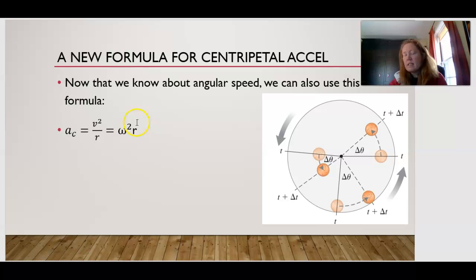So that means that if you've got a rigid body, speaking of the penny on the record player, and you know for sure that every penny on this record is spinning at the same omega, because omega is the same for all these pennies, then you can say the centripetal acceleration is bigger when the penny is farther out.